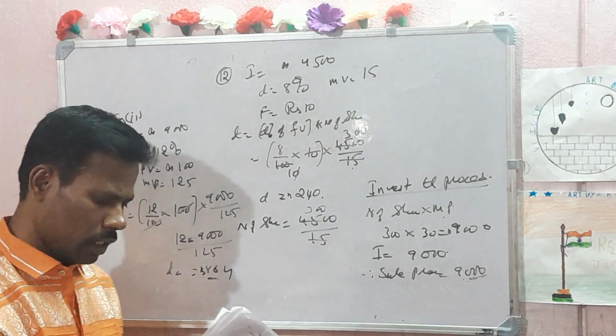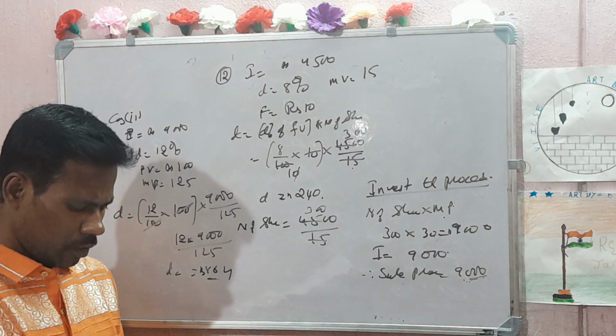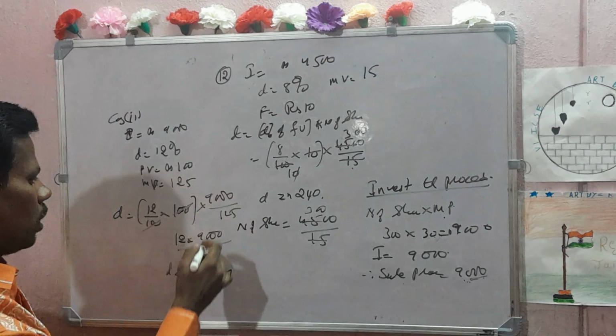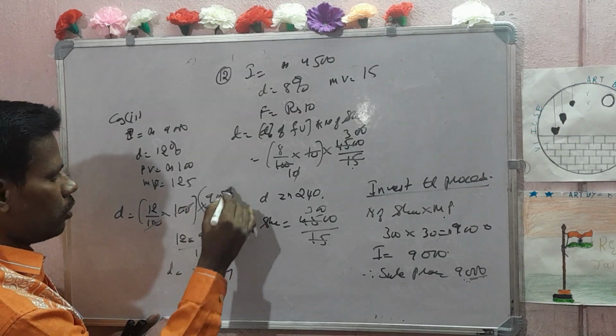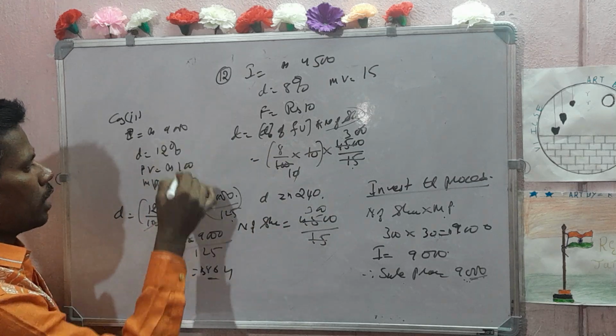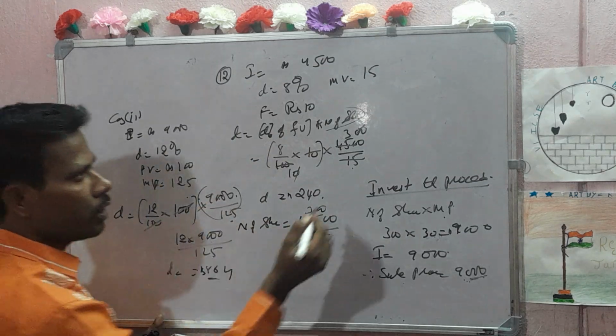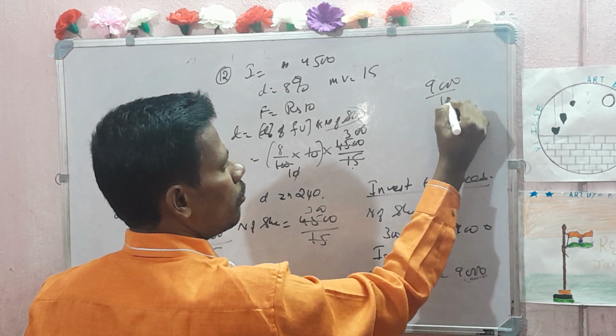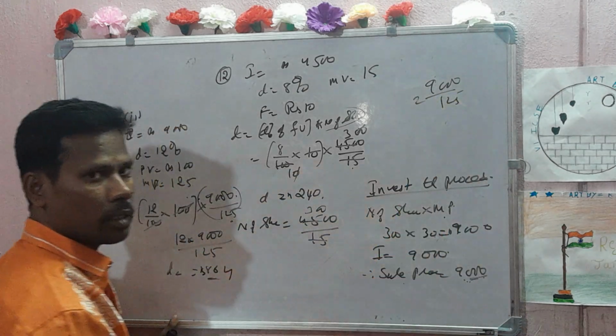Now what is he asking? The number of 125 shares is total investment by market price: 9,000 divided by 125. Cancel with the 5 table and you will get the answer.